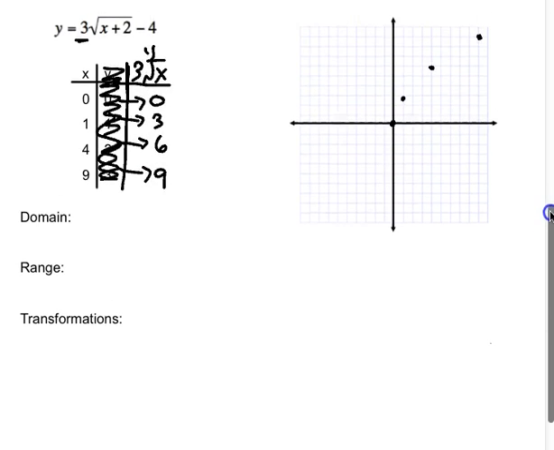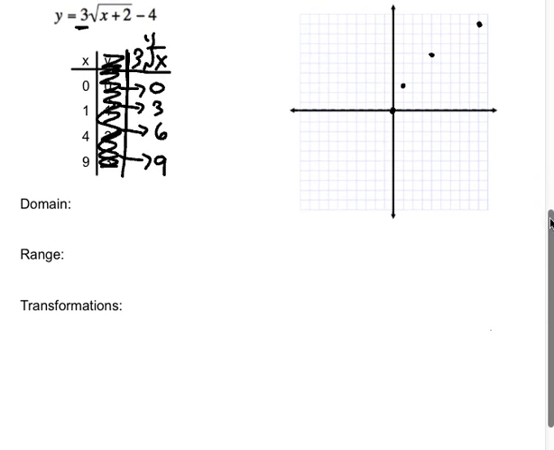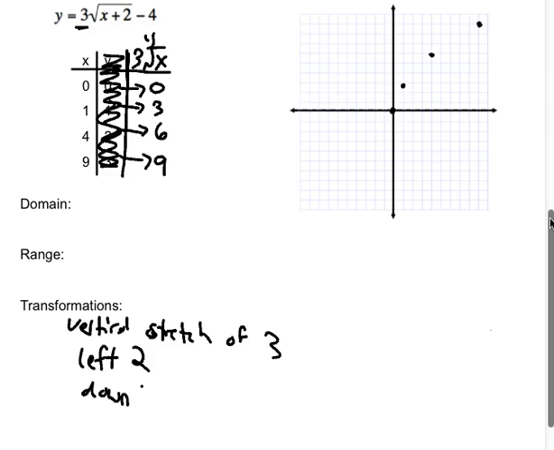Now, let's talk about what transformations are actually occurring here. So I'm going to scroll down so I have some room right here. So the transformation is obviously a vertical stretch of 3. Then what's happening? I see it being shifted to the left 2 and down 4. So recall now that shifting is what I do to every one of those points.